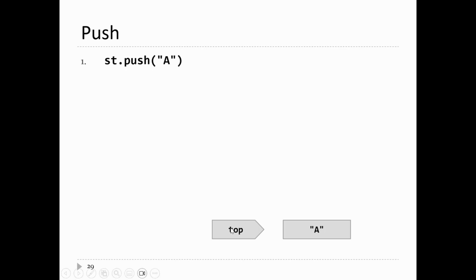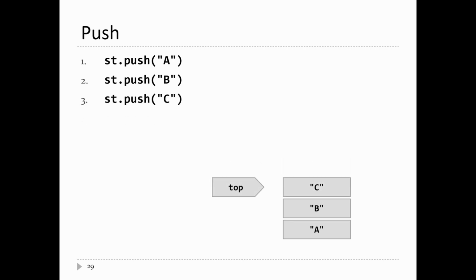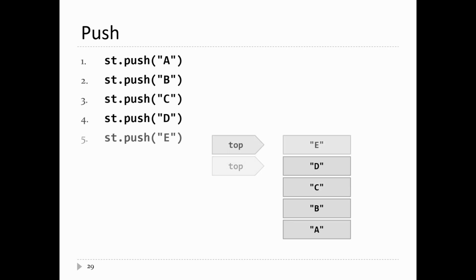The arrow top is always going to point at the top element of the stack. If you push a b onto the stack, the string b gets added to the top, and the top of the stack moves up by 1. Then pushing a c, and then a d, and then an e results in a stack of 5 elements.